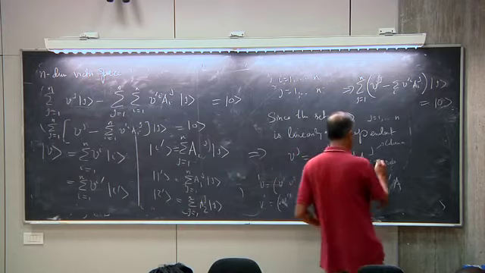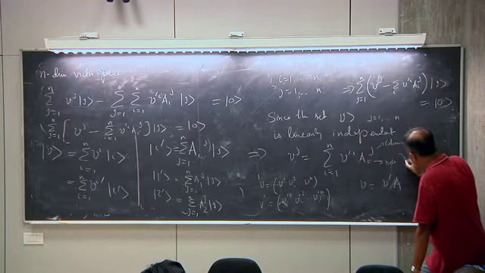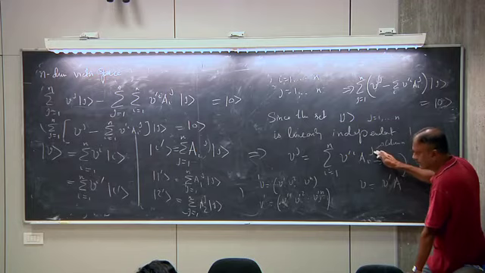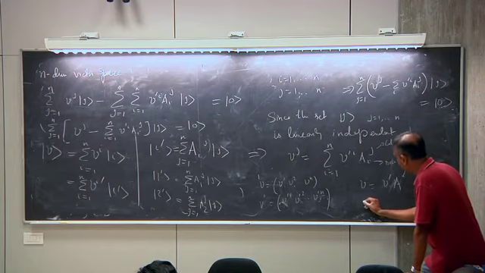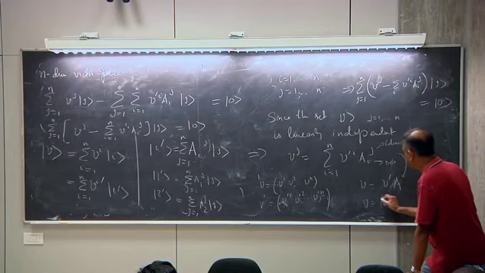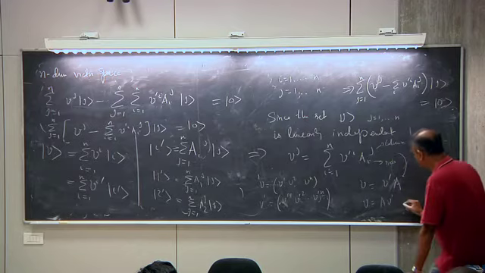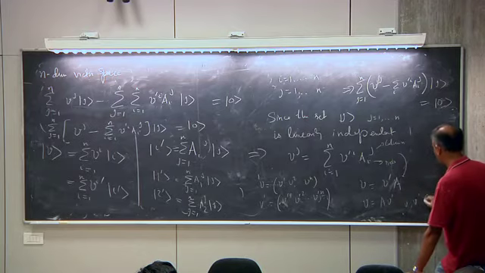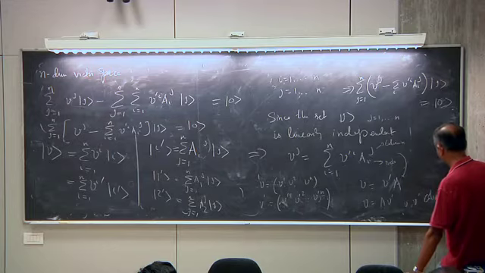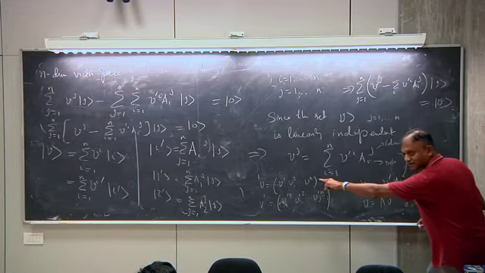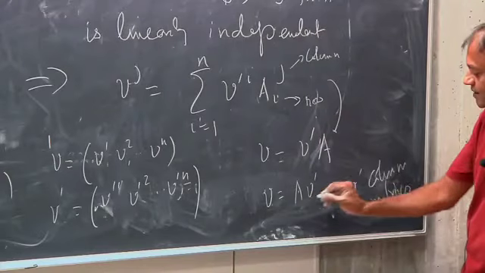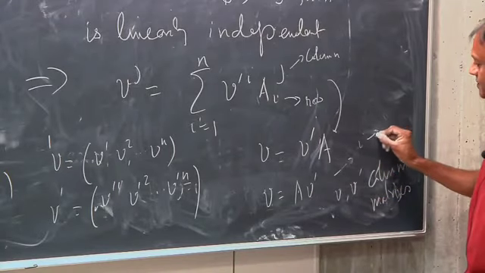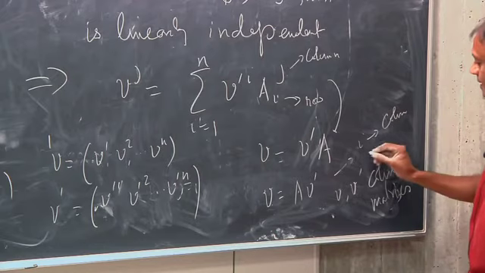So let me just state it. In this language I think of this as a row and that as a column. If I think of this as a column and that as a row, then the equation would be V equal to A V prime, where V and V prime are column matrices instead of row matrices. So in the earlier equation, I'm thinking of I labeling the column and J labeling the row.